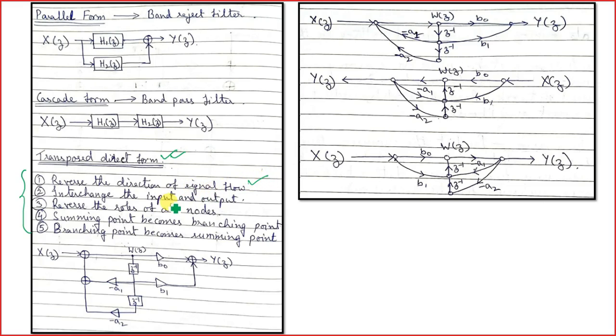Second is to interchange the input and the output. Third is to reverse the roles of all nodes. And while you are reversing the role of all nodes, your summing point becomes your branching point, and your branching point becomes the summing point.